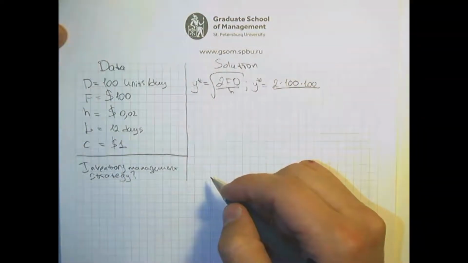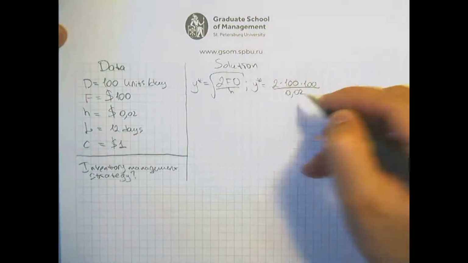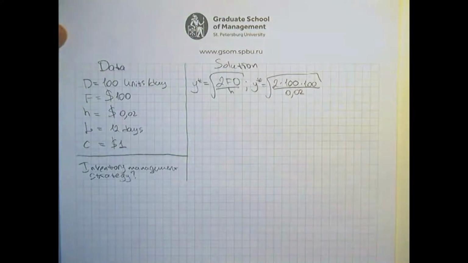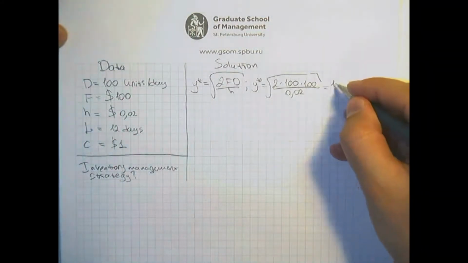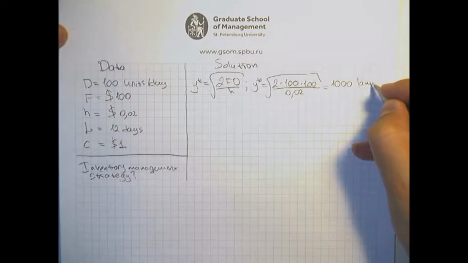The denominator is H, and H in this case is 2 cents. When we calculate the economic order quantity, we find that every time we should order 1000 lamps.